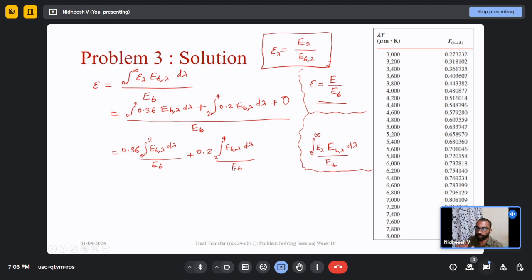I just rewrote the integral taking constants outside and dividing separately by EB. Now these quantities, the integral of EB lambda over a certain wavelength range divided by total emissive power of black body, this ratio is known as black body radiation functions.